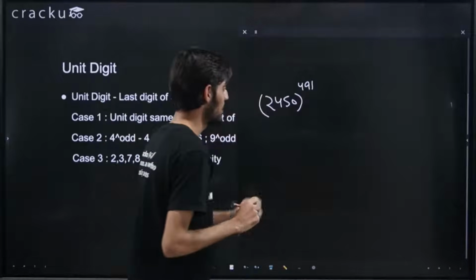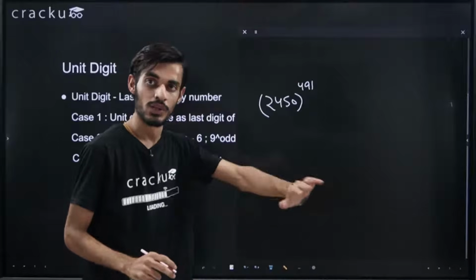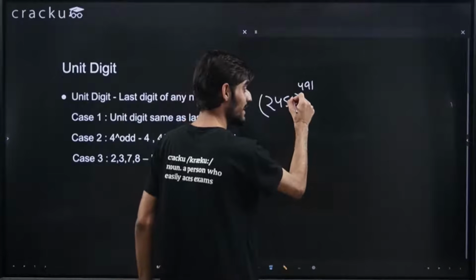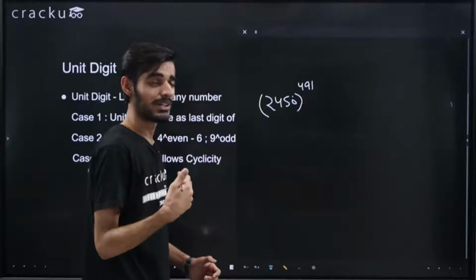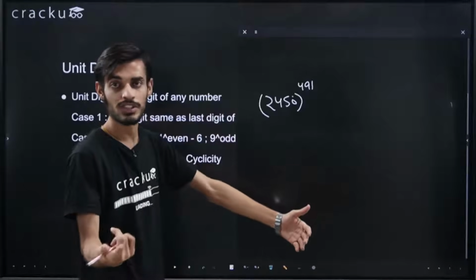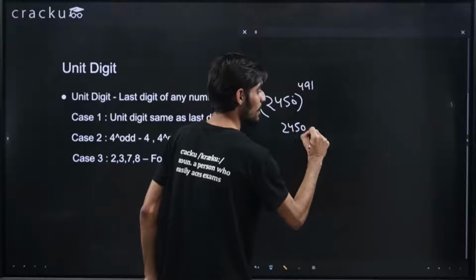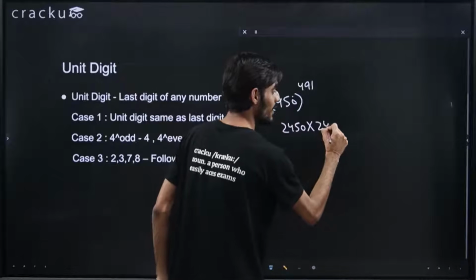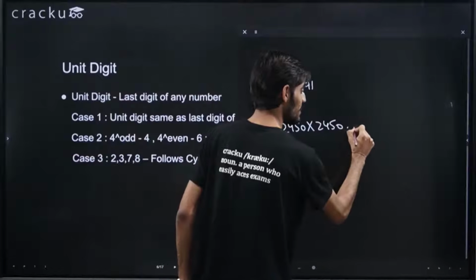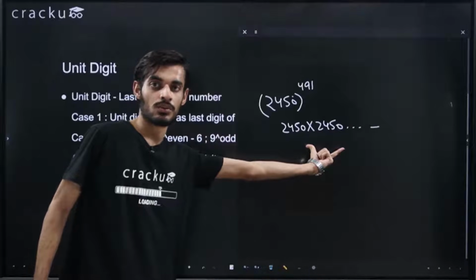I need to multiply this 491 times and find the unit digit. Because this number is ending in 0, it doesn't matter how many times I multiply it, the last digit, that is the unit digit, will always be 0, right? If you multiply 2450 by 2450 and so on, the unit digit will always remain 0.